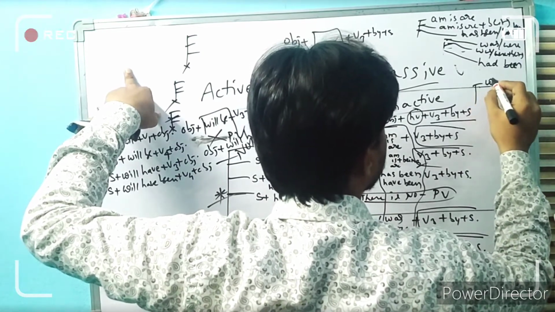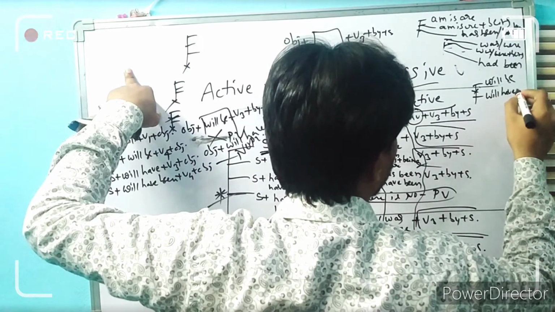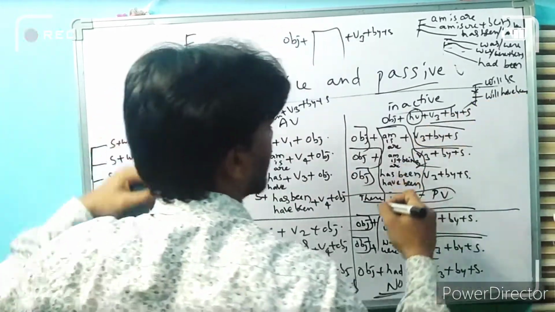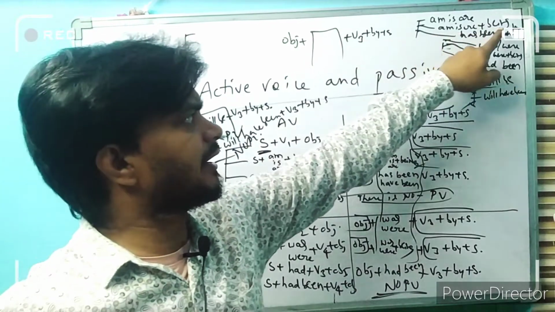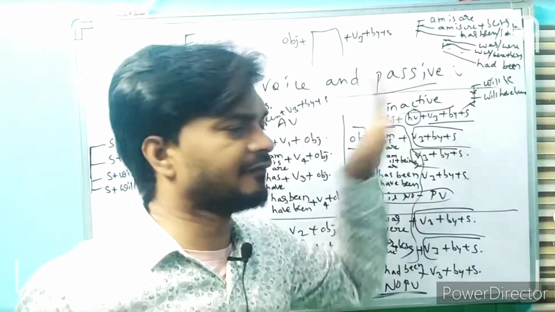Future tense: will be, will have been. Okay, fine. Am, is, are, being, has been, have been. Was, were, being, had been, will be, will have been.